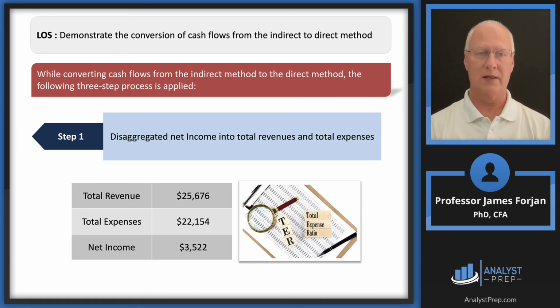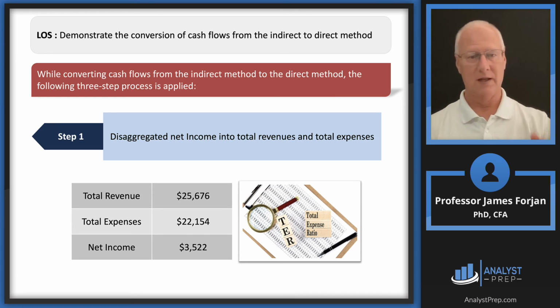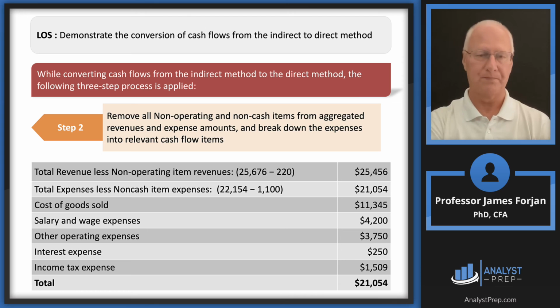So let's go back to that T company and we're going to disaggregate net income. All that means is there are their revenues and there are our expenses, which we know. So there's net income of 3522. The second step is to remove non-operating and non-cash items and then break down those expenses into relevant cash flows.